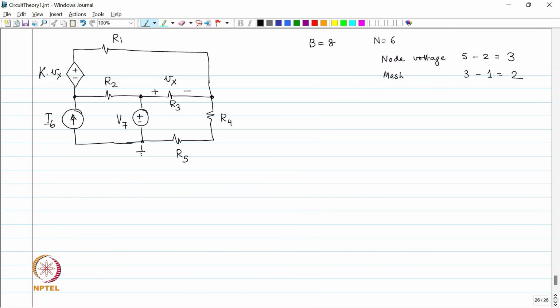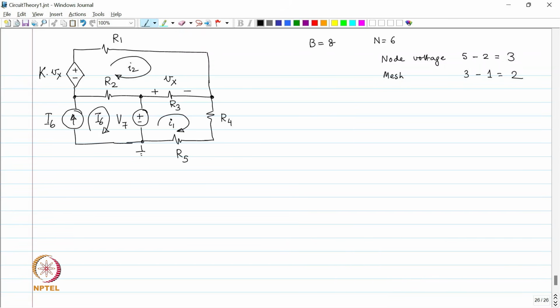Okay. So, let us do the mesh method. So, this mesh, it is a very trivial mesh. How much is the current in this? Capital I6 is the current in this, trivial. We are not going to do anything. Okay. Next one, let us call this small I1 and let us call this small I2.